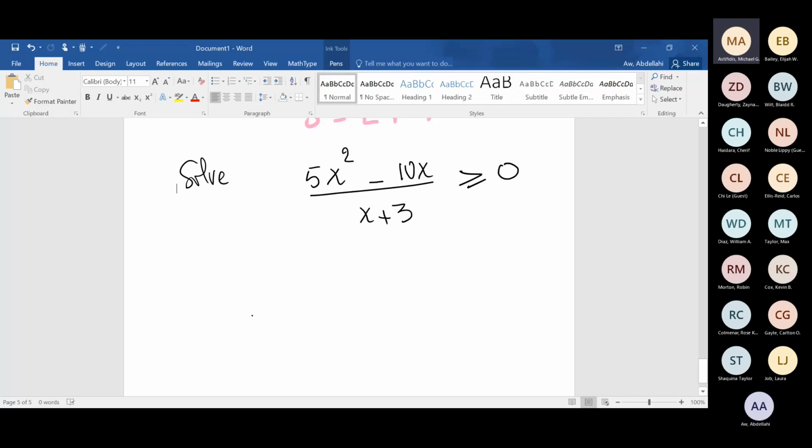So you have to find the zeros of the numerator and the zeros of the denominator.